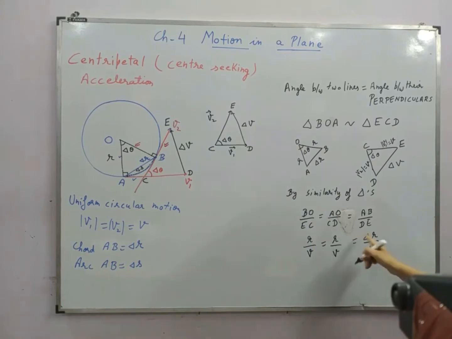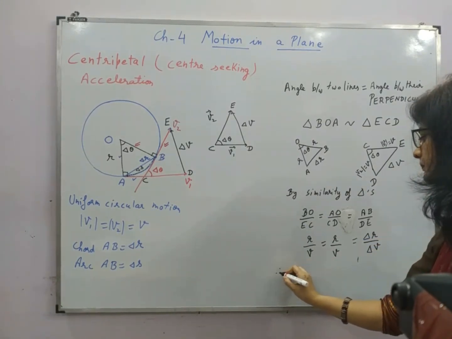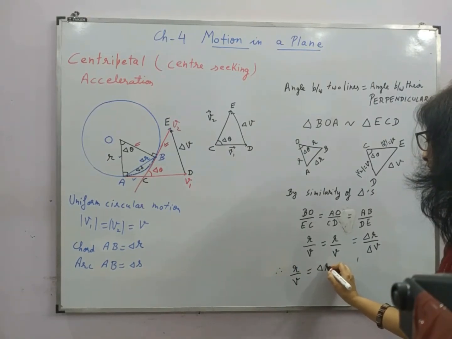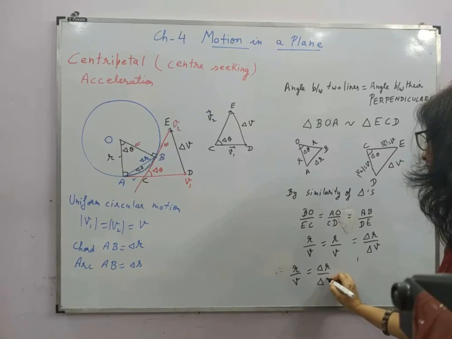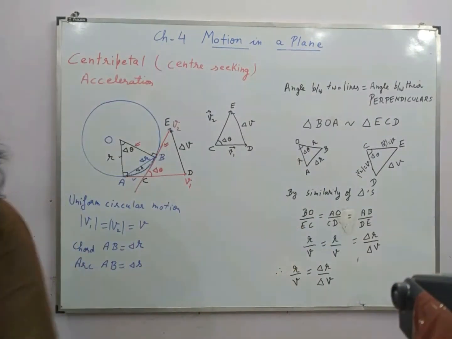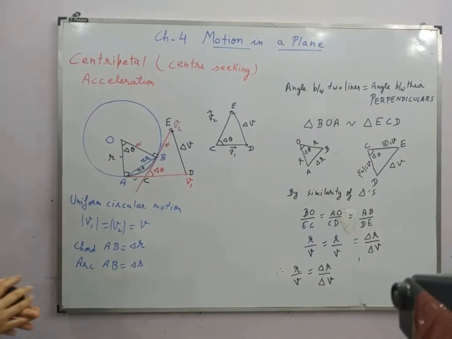Now from here I can take any two terms. So R upon V is equal to delta R upon delta V. If you have understood up to here, we can proceed to the next step, right?